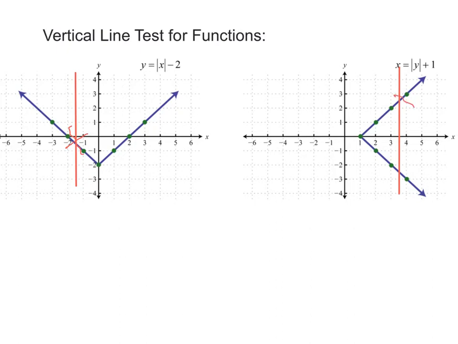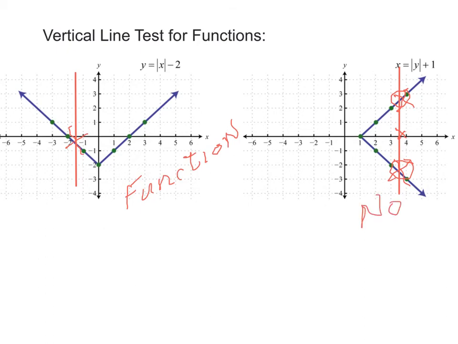So we've got a place right here, and we also have another place right here. So it's obvious, therefore, that the one on the right is not a function, because for a given value of x, somewhere between 3 and 4, there are 2 values for y. On the left, for a given value of x, there is only 1 value of y. So the one on the left is a function, and the one on the right is not.